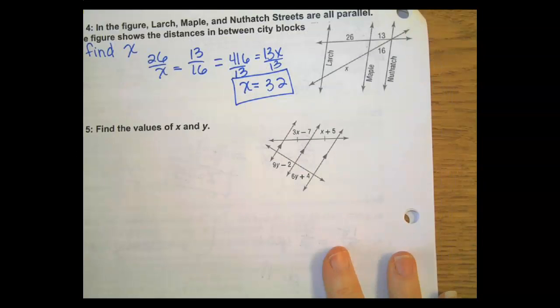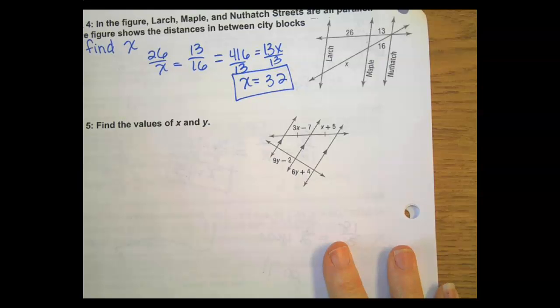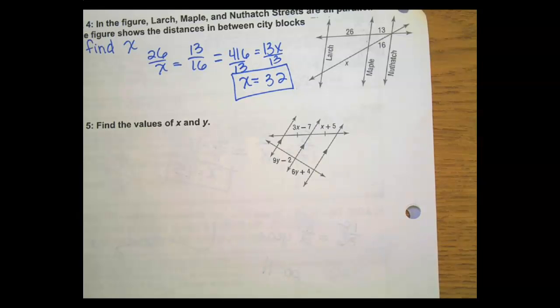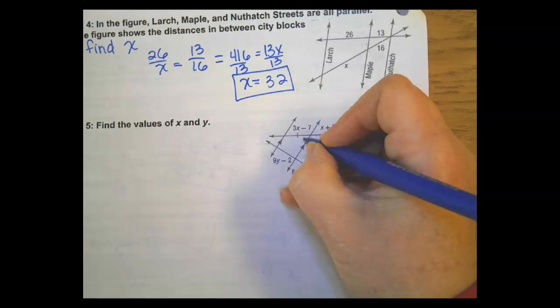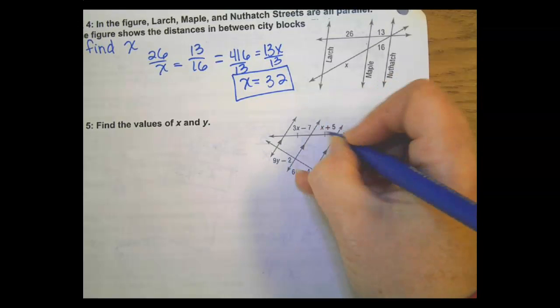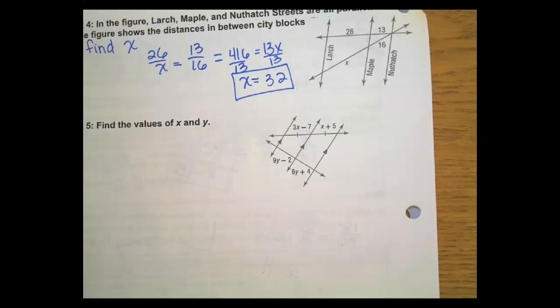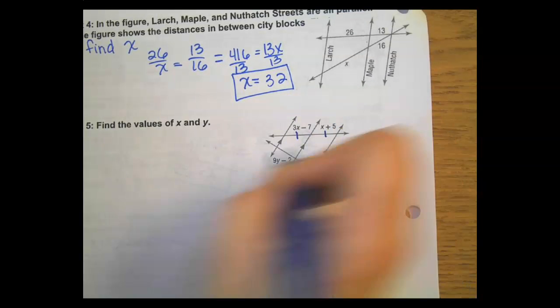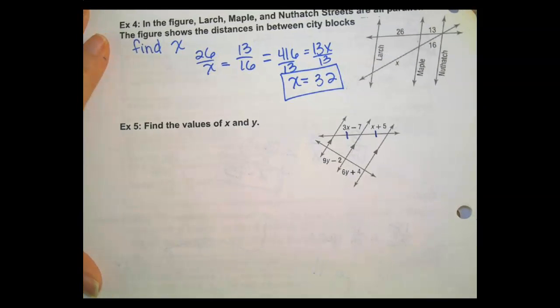Okay, find the values of x and y. So I am going to set these up. First of all, these are going to be equal to each other, because they got this little hash mark.